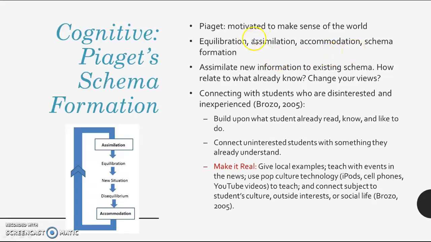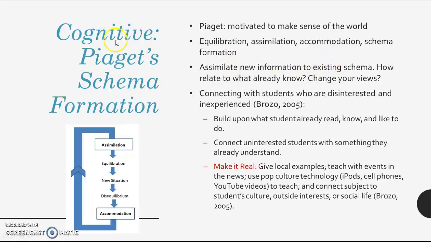So they have to assimilate the new information into their existing schemas, into the existing information in their brain, to feel that balance again. If they can't assimilate the new information into what they already know, then they might have to accommodate it, creating a new schema for this new information so that they can return to that balance, this sense of mastery of the world, okay?